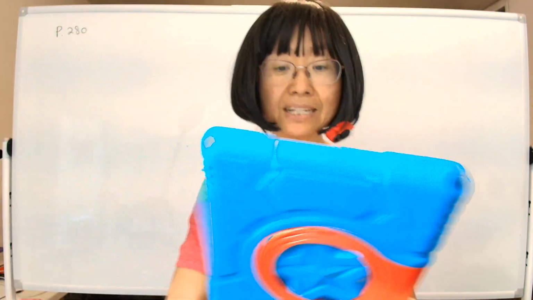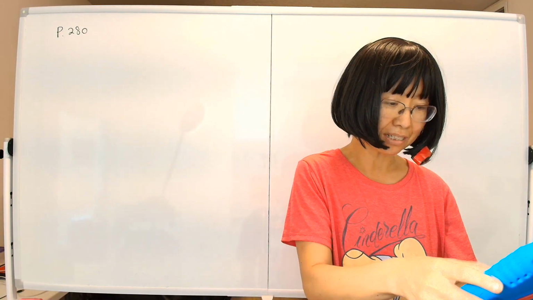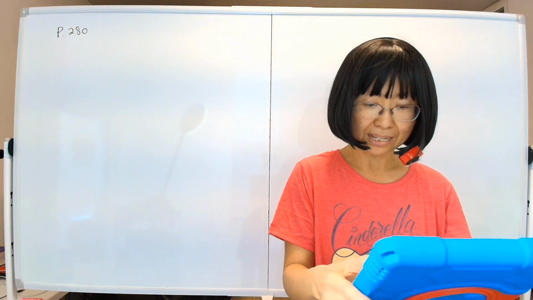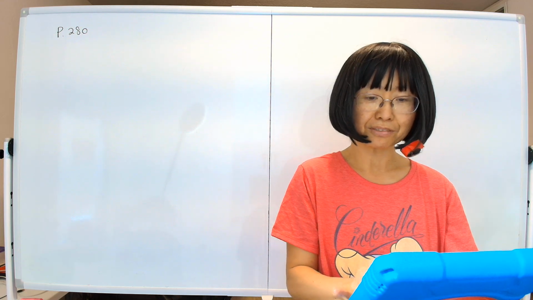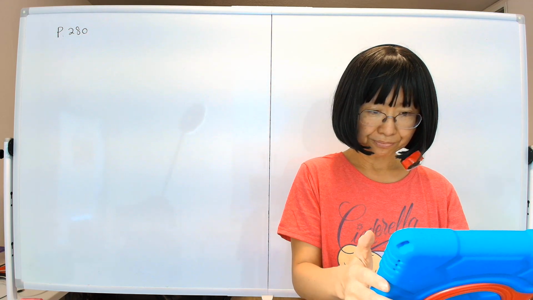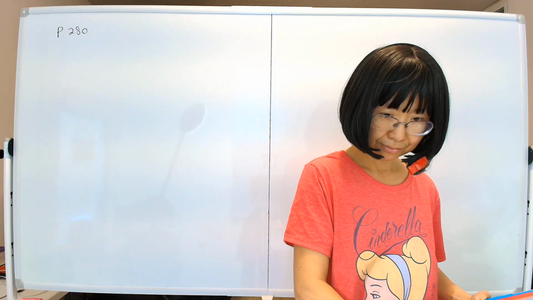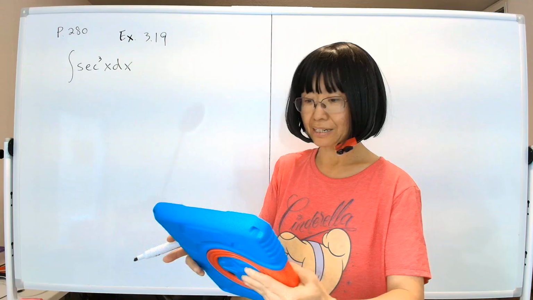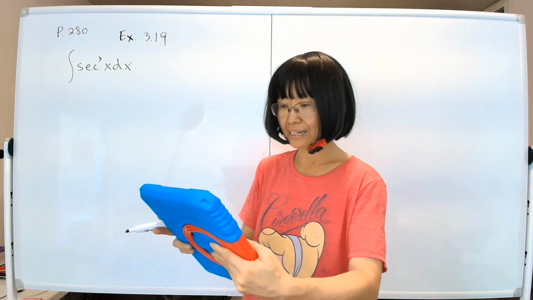So to see how that works, let's look at the integral of secant cubed again. But this time we're going to use the reduction formula. So how will we integrate secant cubed by the reduction formula? We're going to follow it exactly as is.